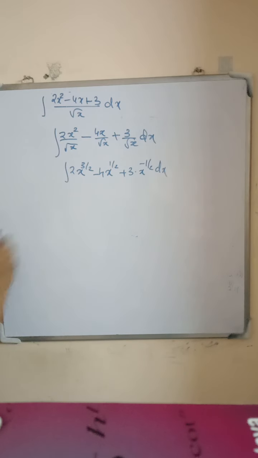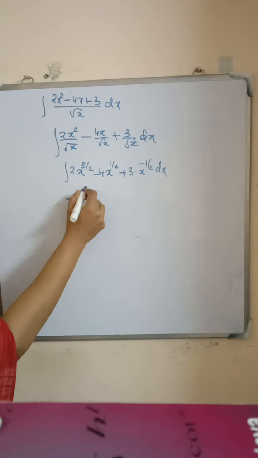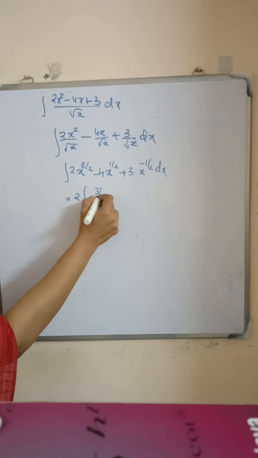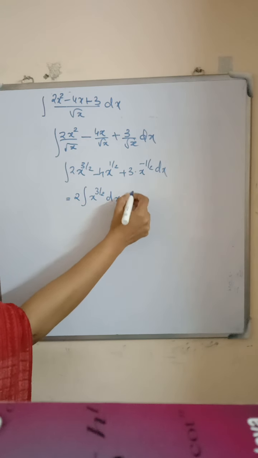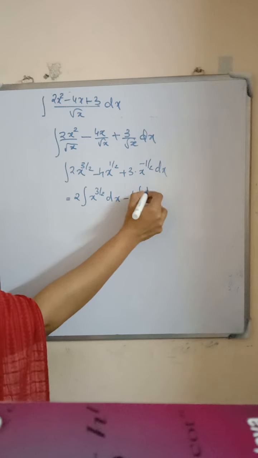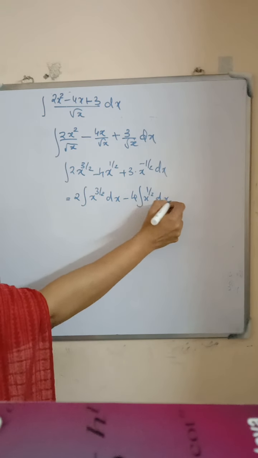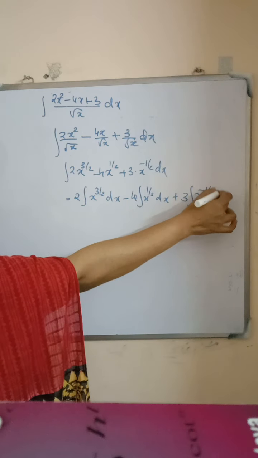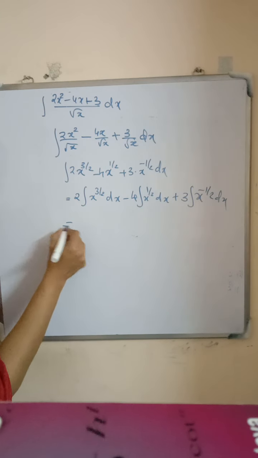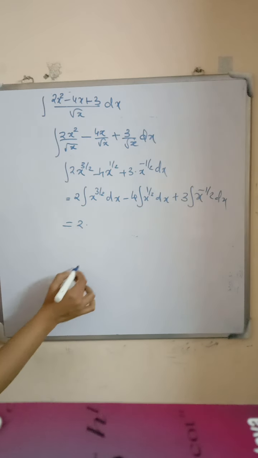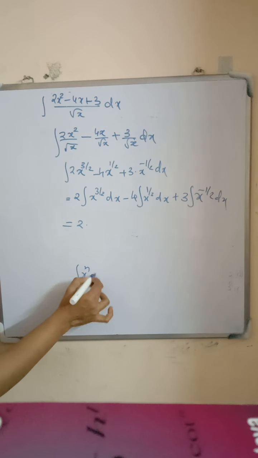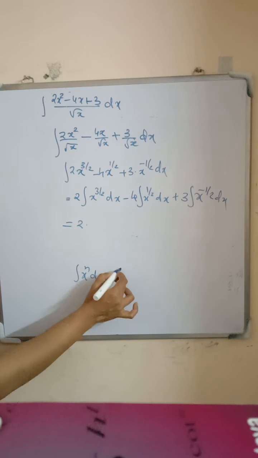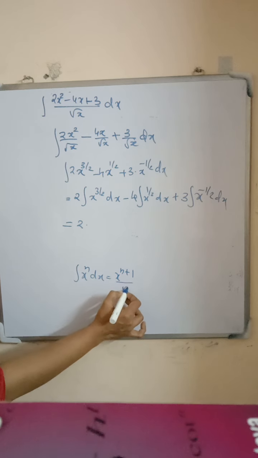That is equal to 2 times integral x raised to 3 by 2 dx minus 4 times integral x raised to half dx plus 3 into integral x raised to minus half dx. We know that integral x raised to n dx is equal to x raised to n plus 1 by n plus 1.